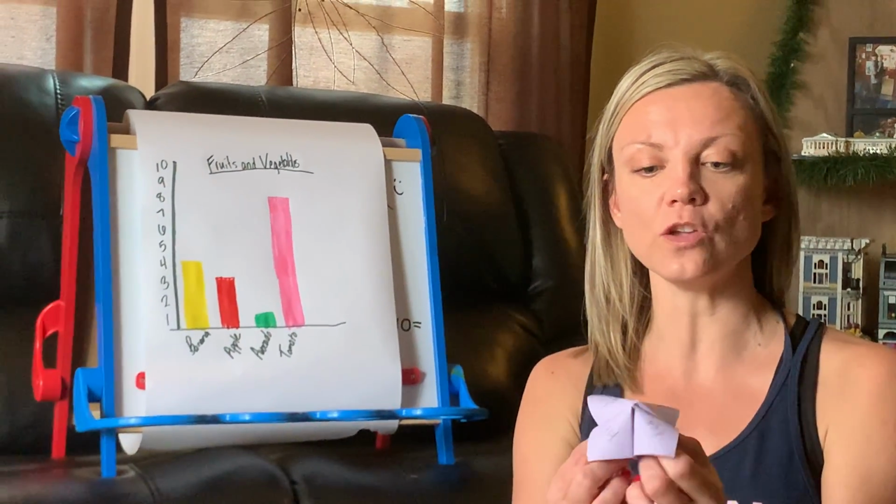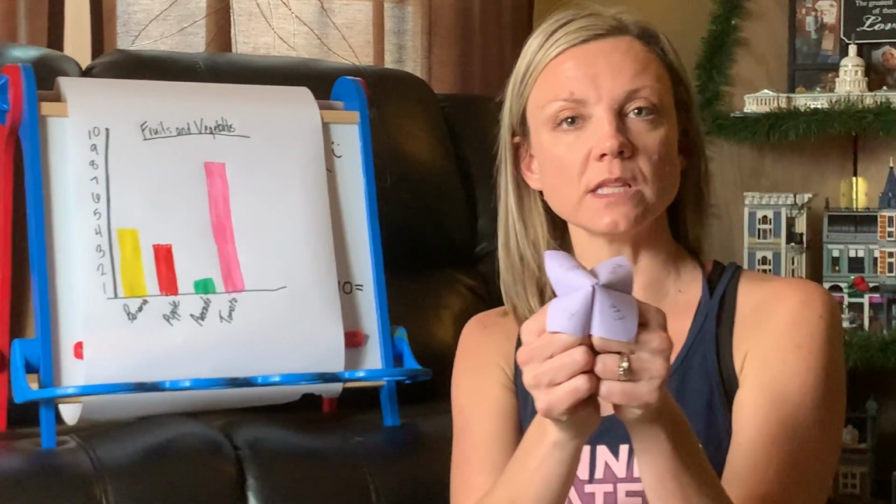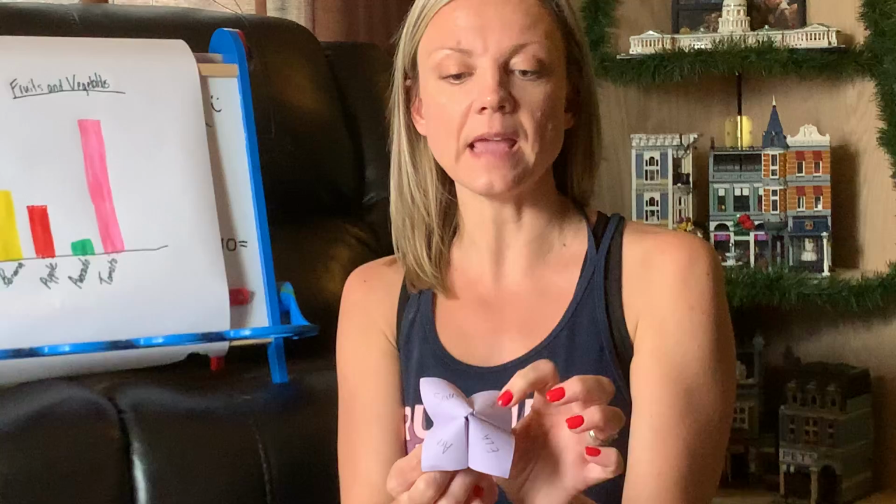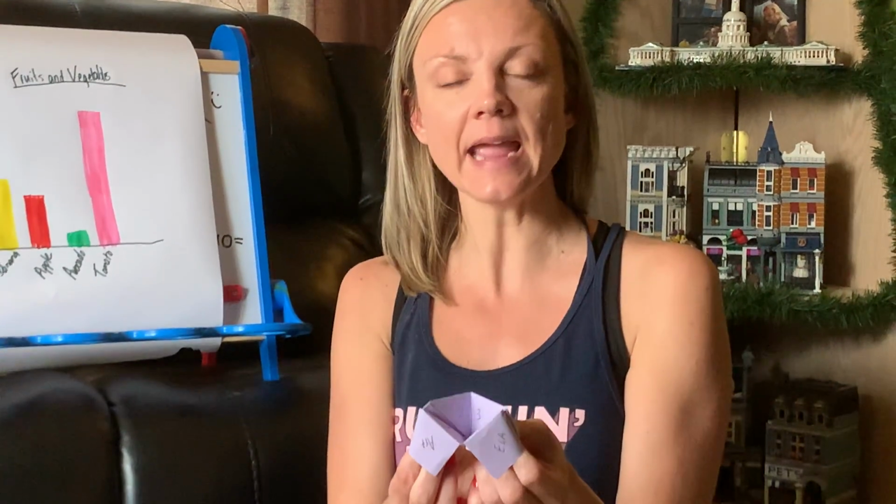So don't forget that you can put whatever words on the outside and you spell them. So if someone chose the word math on the outside here, I would spell M-A-T-H, and then they pick a number, pick the number 2. So then we go 1, 2.